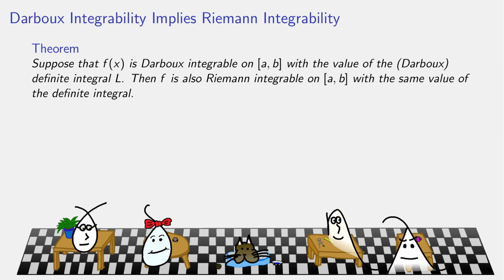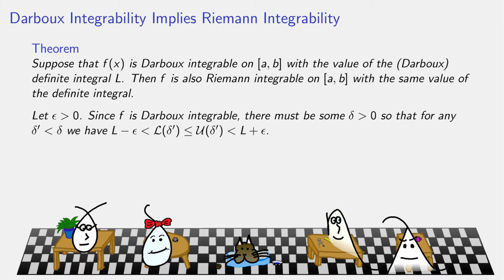So, suppose the function is Darboux integrable, and the value of the Darboux integral is L. First we need to show it is Riemann integrable with the same value. Then we'll have to go the other way, but for now, if it's Darboux integrable, then it is Riemann integrable. So let epsilon be positive. We're trying to show that f is Riemann integrable, but we know it's Darboux integrable.